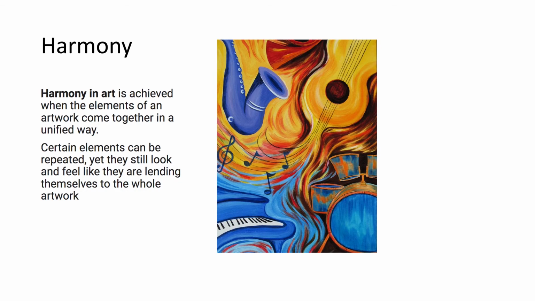As opposed to this painting being a guitar and then an apple and a hairbrush or something, it would not be as harmonious as the similar shapes and similar objects that are in there. So you can have harmony in a couple of different ways, but having similar objects is one way.